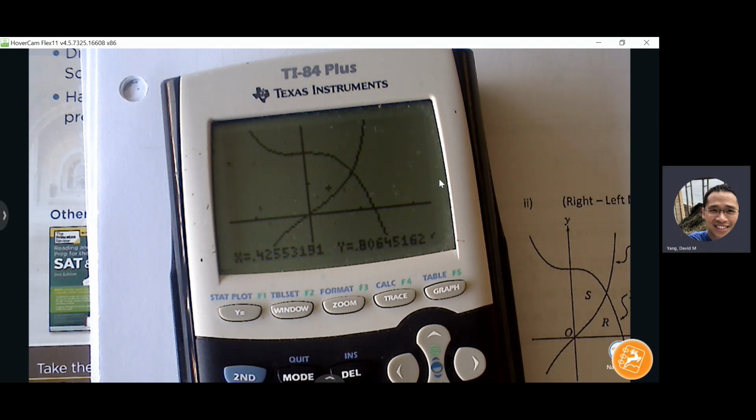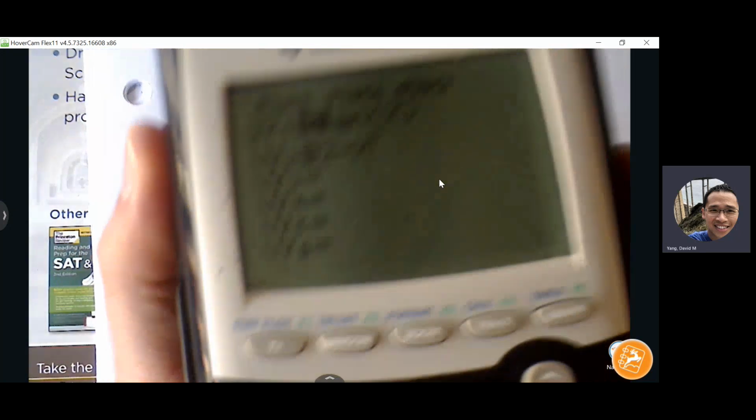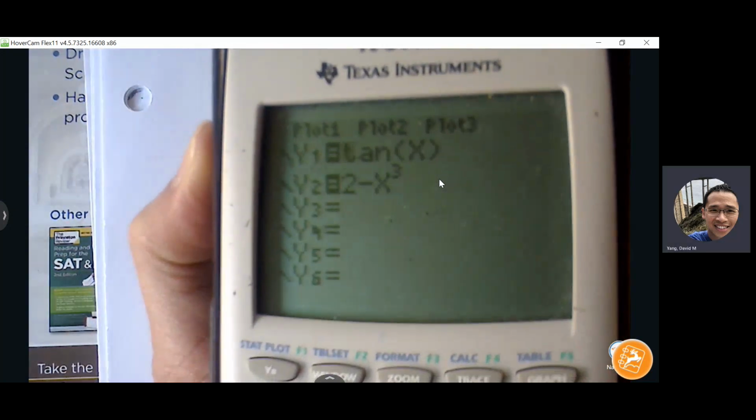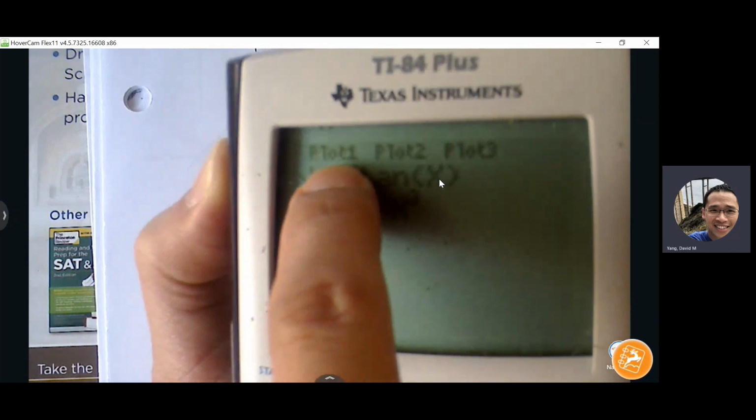For some reason, sometimes the plot is highlighted, you just want to go up. Guys, I do want to point something out here. If you go to y equals, sometimes students have trouble plotting their graph because do you see how above y equals 1, there is a plot 1?